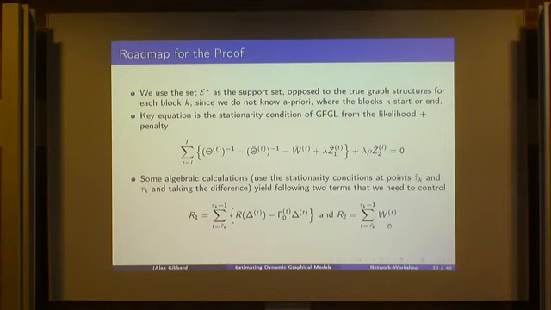Now, just to give a little idea about the roadmap for the proof. As I was mentioning, we use the set E star as the support set, as opposed to the true graph structure for each block, since you do not know a priori where the blocks begin and end.